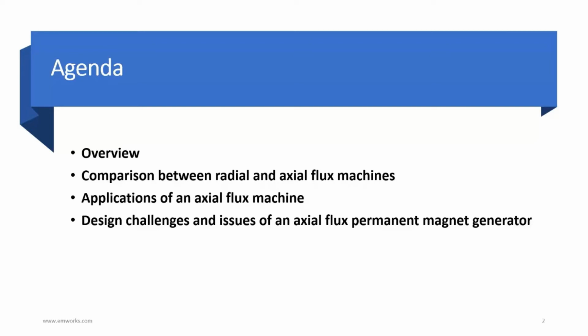The remainder of this presentation will be dedicated to treat the challenges and the issues posed by the axial flux permanent magnet generator. We will see how EMS and SOLIDWORKS both will be used to tackle these design concerns.